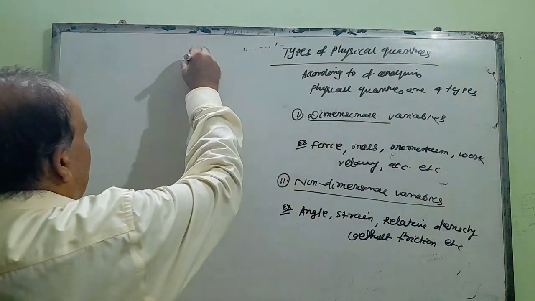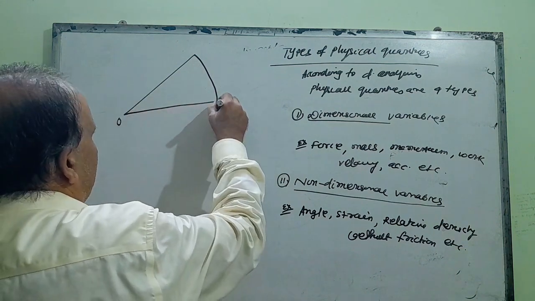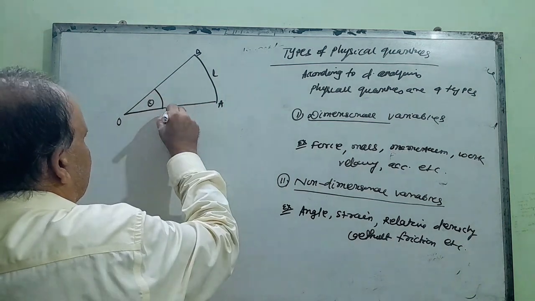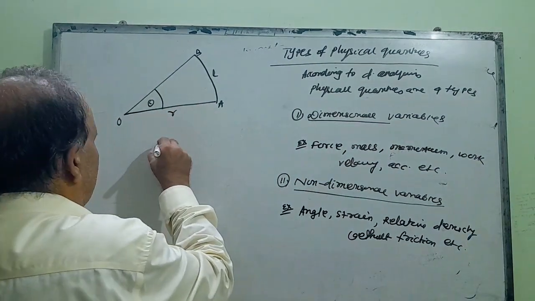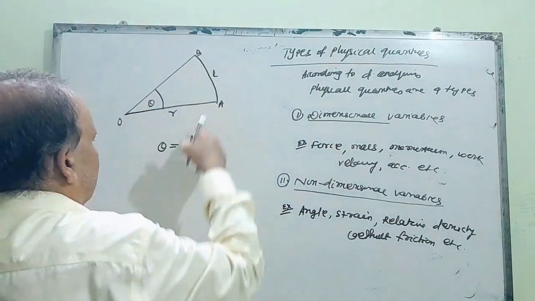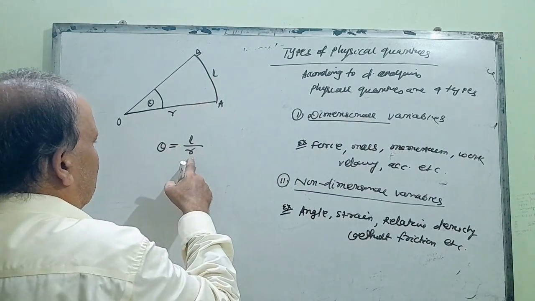For example, you see, this is your angle. Suppose OAB, this is your angle theta, this is L, and this radius is R. So we can write theta is equal to L by R. L is also a length, R is also a length.